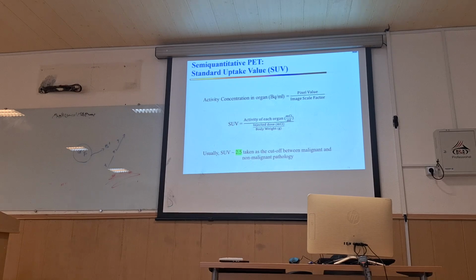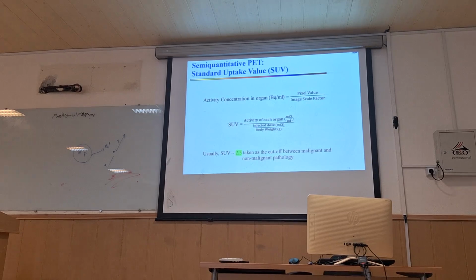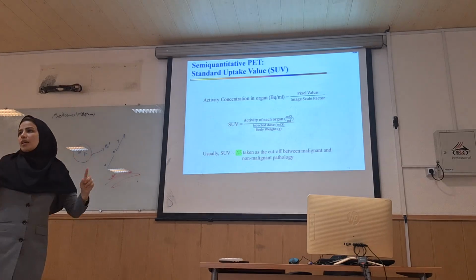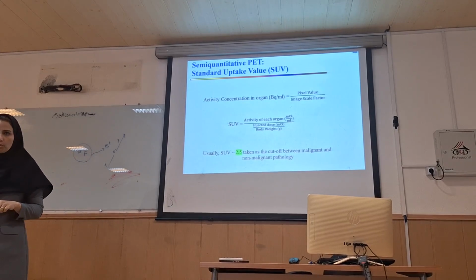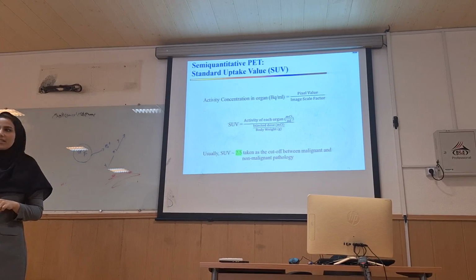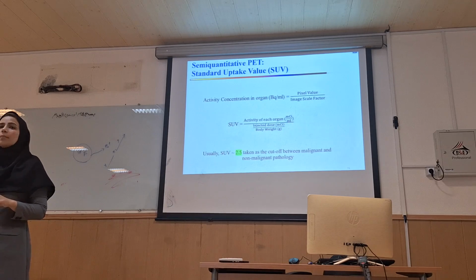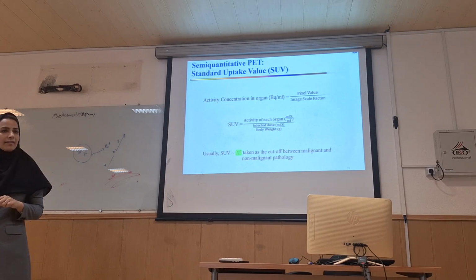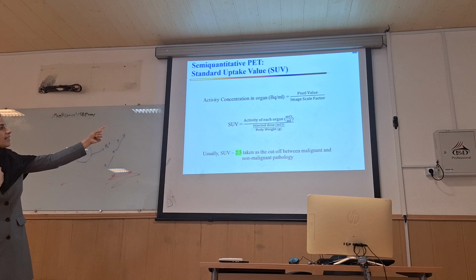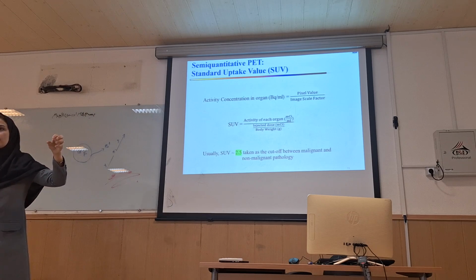These computers have the ability to tell me the activity of the organs. If I contour my organs, segment my organs, my computer tells me how much activity is in these organs.